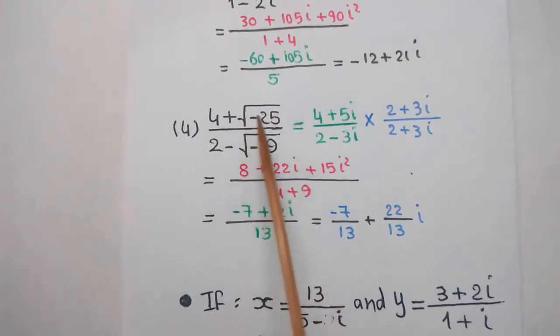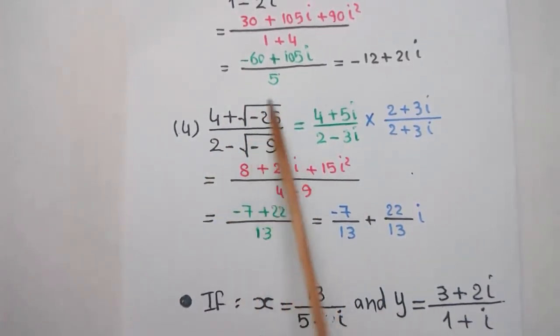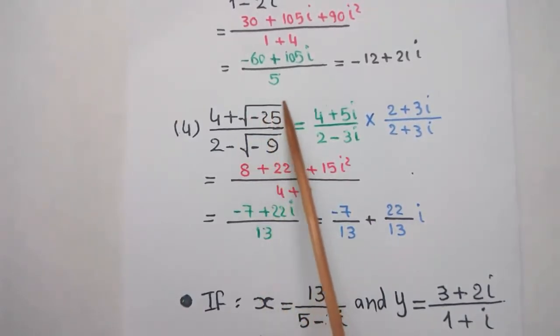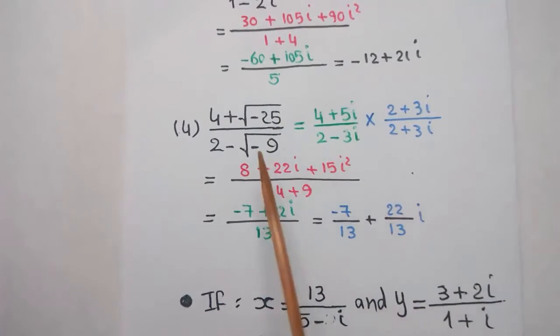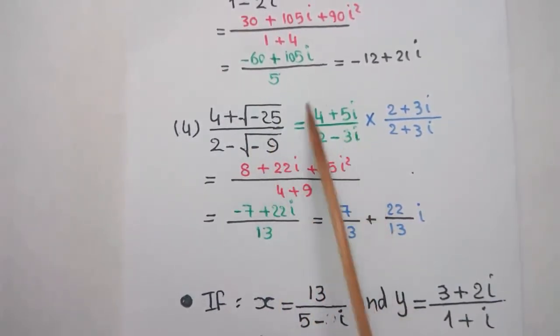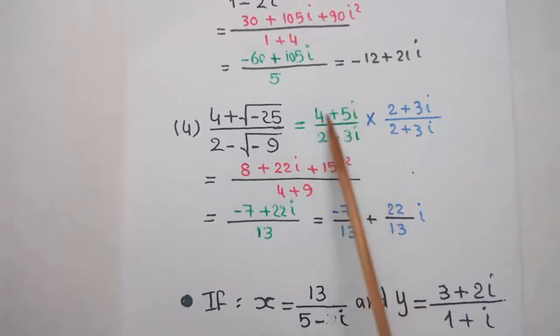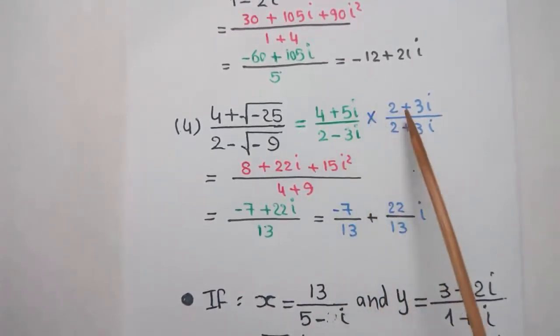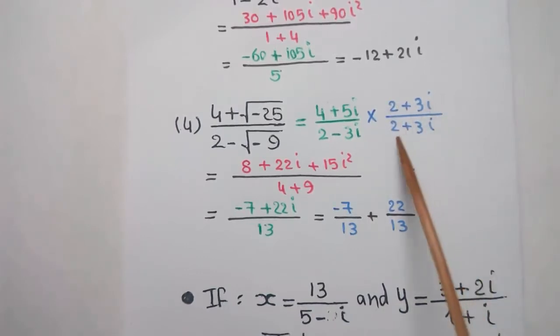Another example. 4 plus root 25i over 2 minus root 9i. Root of negative 25 is i power 2, it will be 5i. Negative 9, 9i power 2, it will be 3i. So 4 plus 5i over 2 minus 3i, it will be times the conjugate 2 plus 3i over 2 plus 3i.